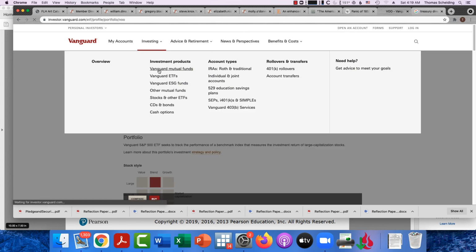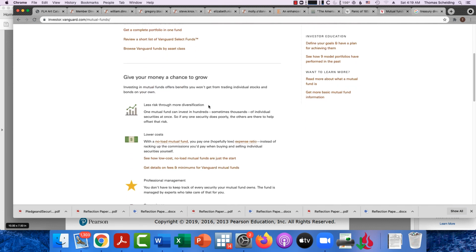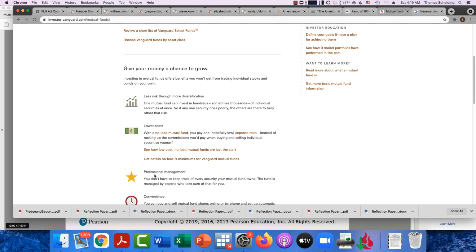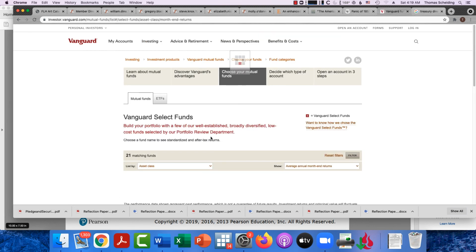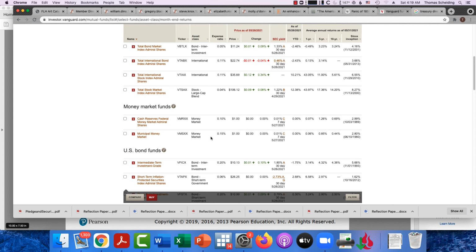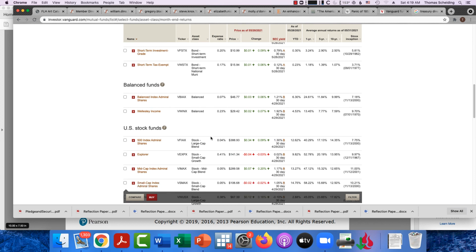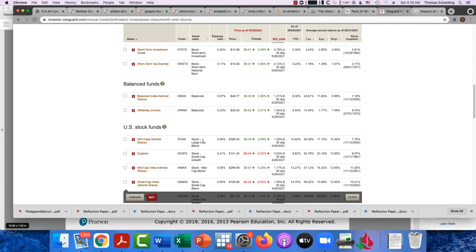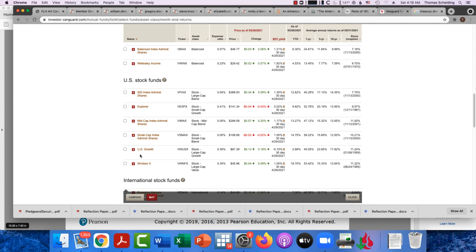As opposed to mutual funds, where now you've got a bit more going on in terms of professional management. And as a consequence, you could have things like the U.S. Growth Fund.